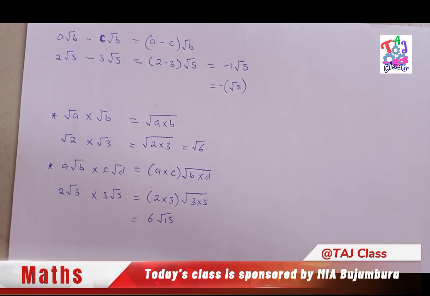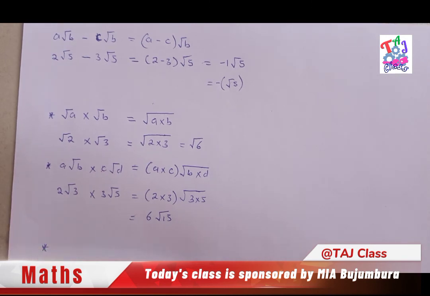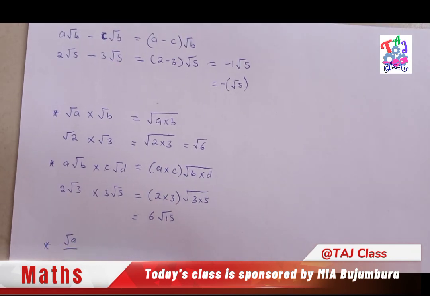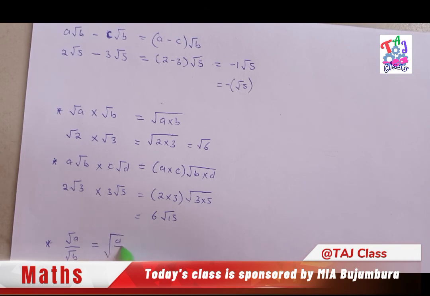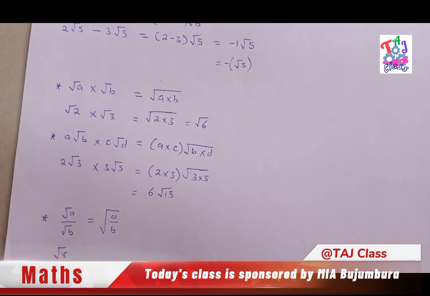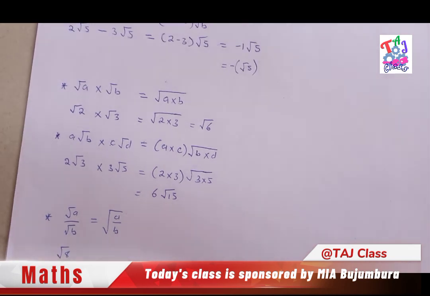Now, how about if we are dividing? If a term √A is divided by √B, this should be written as the square root of A over B. That is, we put them all under one root and then divide them. So if you have, for example, the square root of 8 divided by the square root of 2.